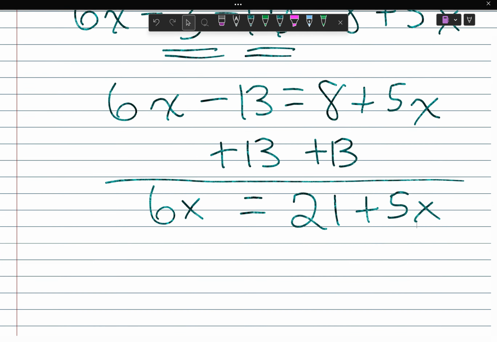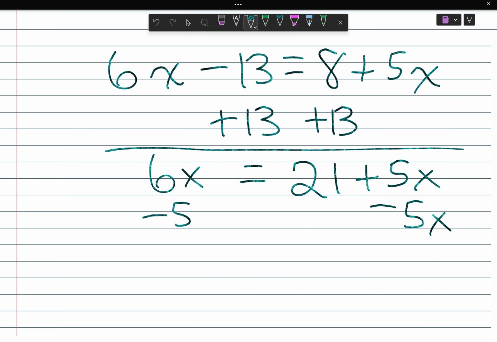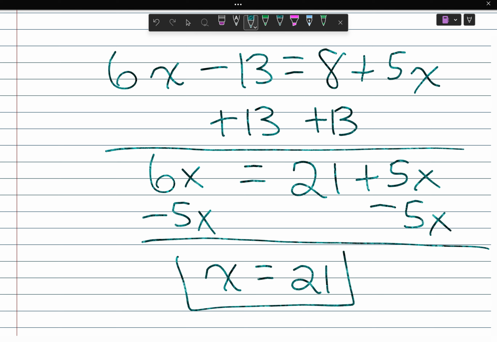Now I'm going to move the 5x to the left, to get the x's on the left. So I have to do the opposite of positive 5x, subtract 5x. So now we get 6x minus 5x is x, and x is equal to 21. We have the x on one side and the number on the other side.